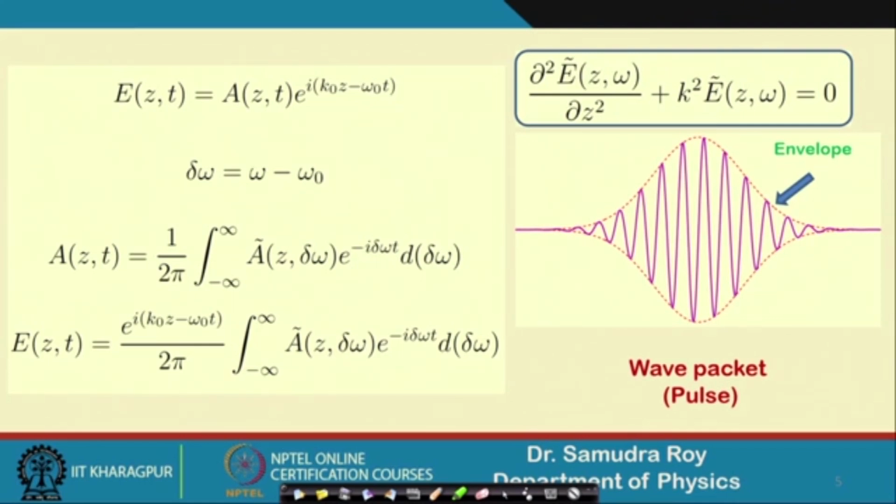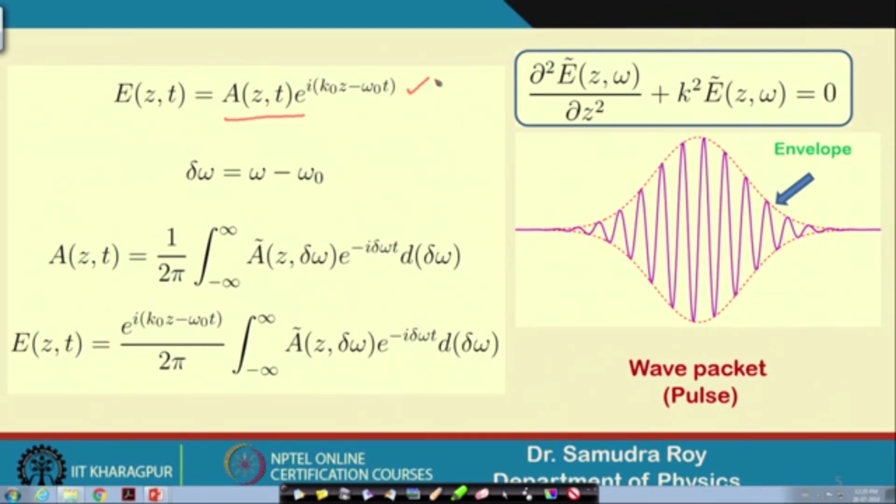So, when optical pulses are in the picture, what we need to do is to introduce some kind of term here in E, and this is A. So, I write the total electric field E in two parts, amplitude and, as usual, phase. K 0 and omega 0 are the central frequency of the entire superposition and the corresponding propagation constant.